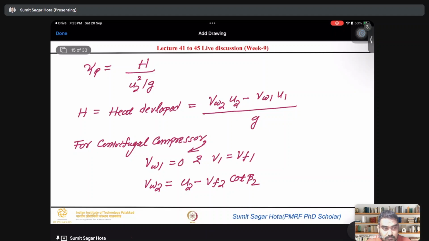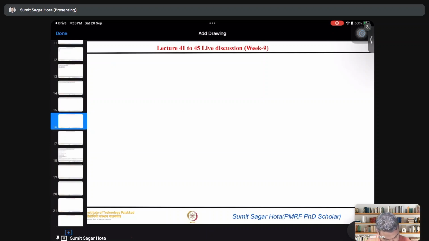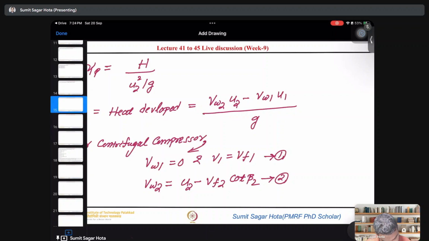Let this be equation number 1, and the others equation numbers 2 and 3. So we have to substitute 2 and 3 in equation number 1.